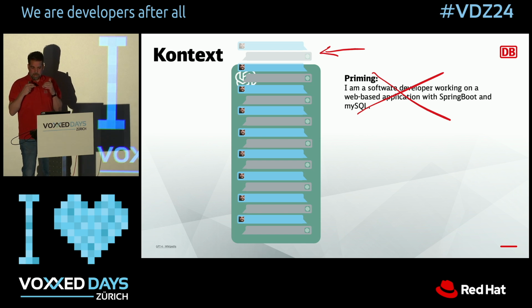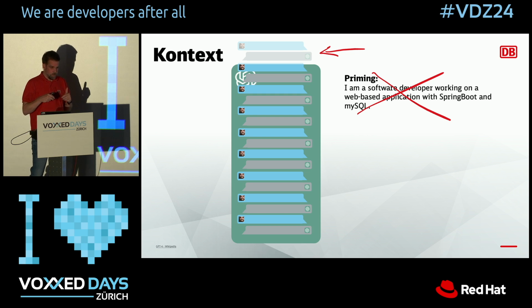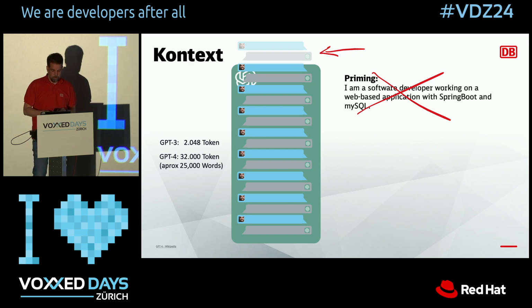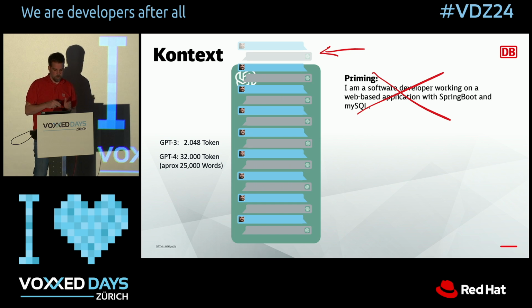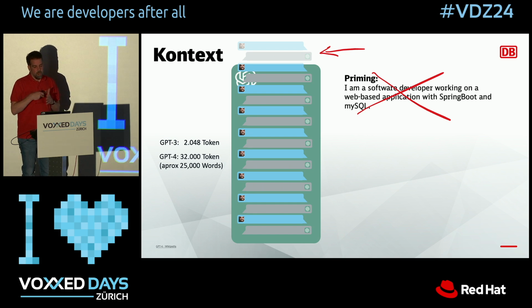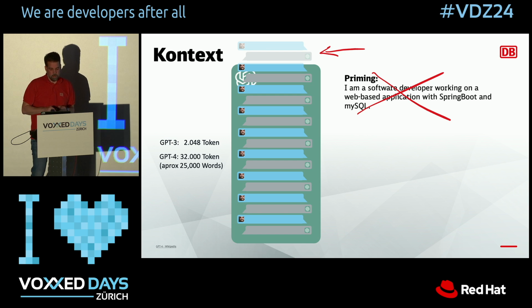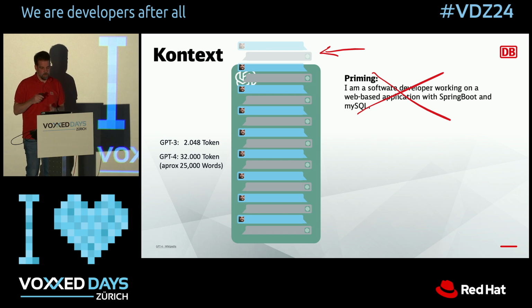So it keeps your statements but compresses its own statements to work around this problem. GPT-3 was said to have 2,000 tokens. GPT-4 some months ago had 32,000 tokens. These are the token sizes of the model.